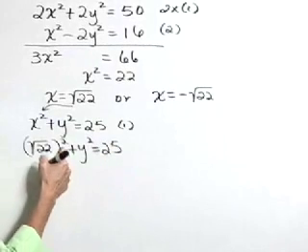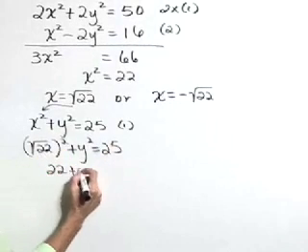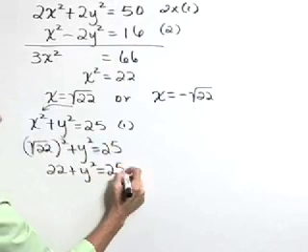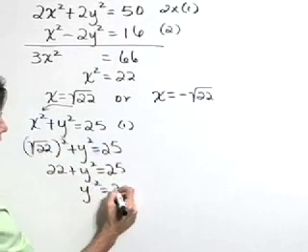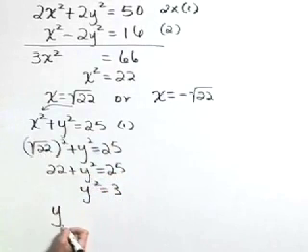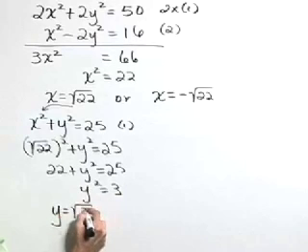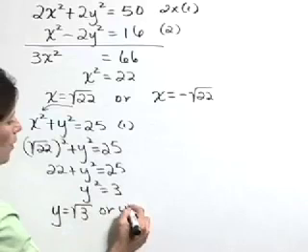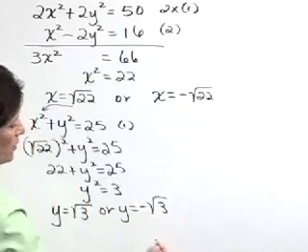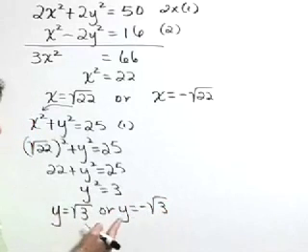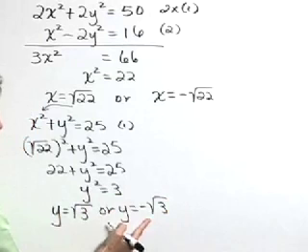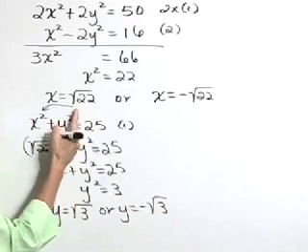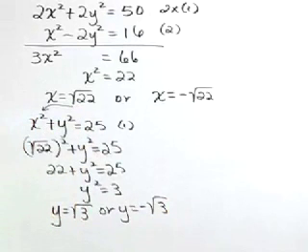The square root of 22 squared is 22, plus y squared is 25. So y squared is 3, or y is equal to, as we take the square root of both sides, a positive square root of 3 or a negative square root of 3. So we've got two separate y values that pair with this x value of square root of 22.